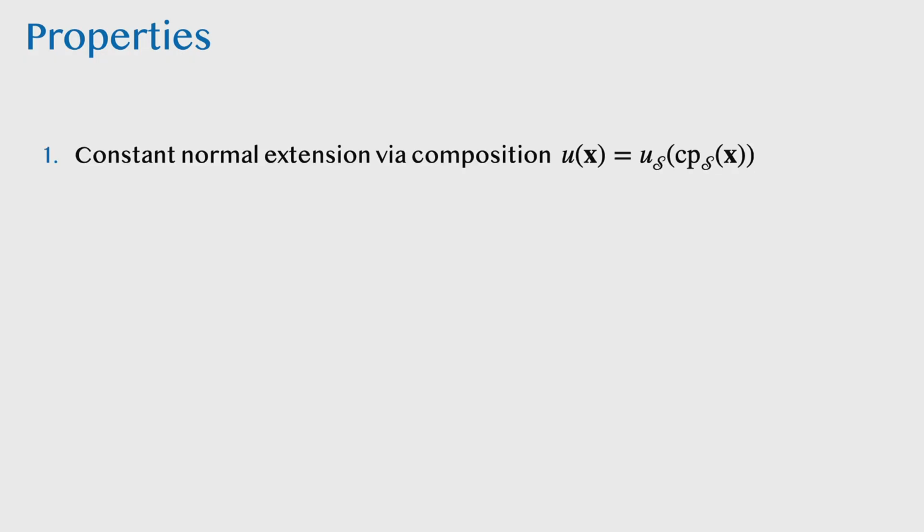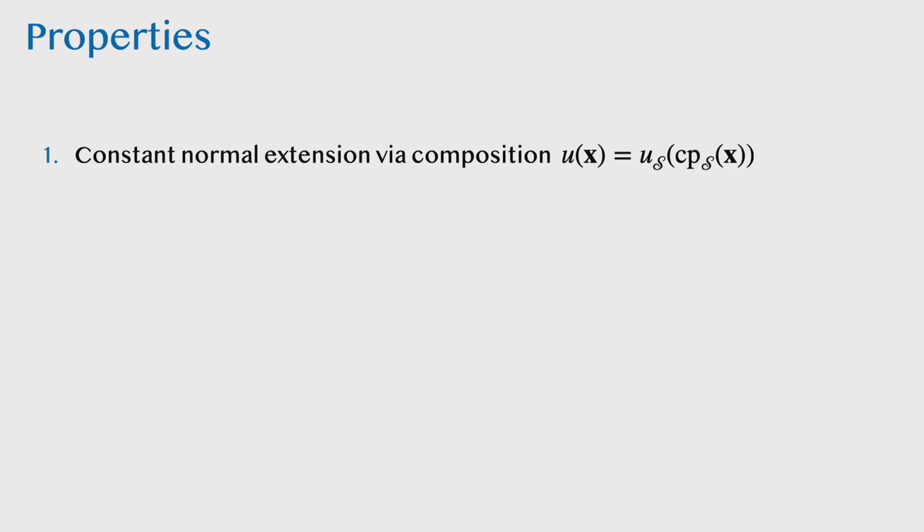To construct the embedding PDE that the closest point method solves, it relies on three main properties. The first is that the constant normal extension of U is done by composing with the closest point function. Intuitively, what this is doing is it just assigns the value of U_S at the closest point of X to X itself.